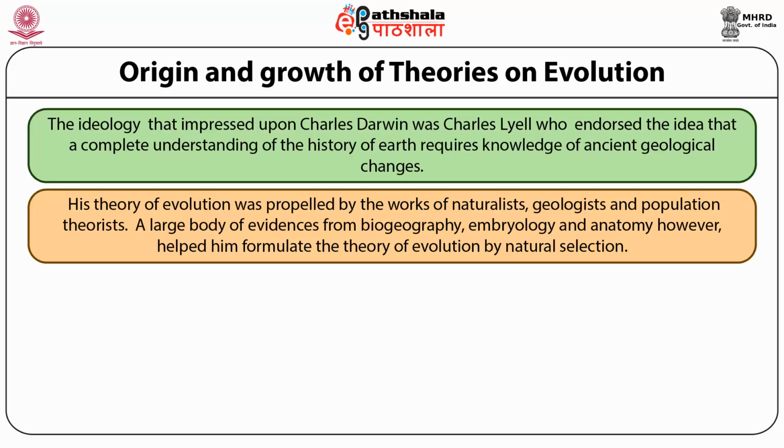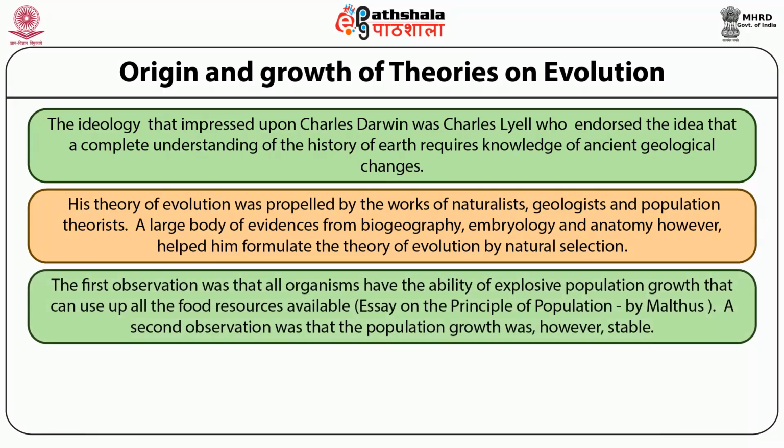His work on the origin of species was laid down on three main important observations. The first observation was that all organisms have the ability of explosive population growth that can use up all the food resources available. This idea was borrowed from an essay on the principle of population by Malthus.